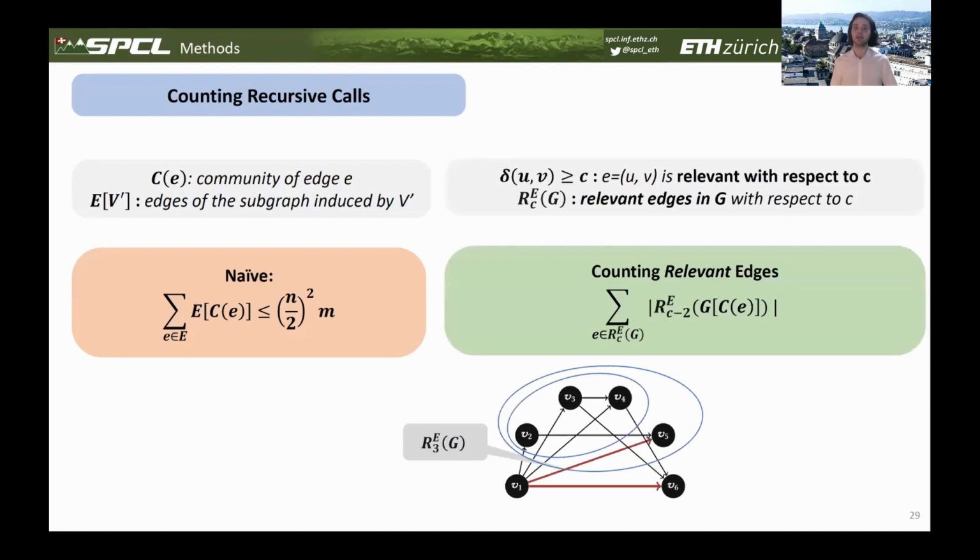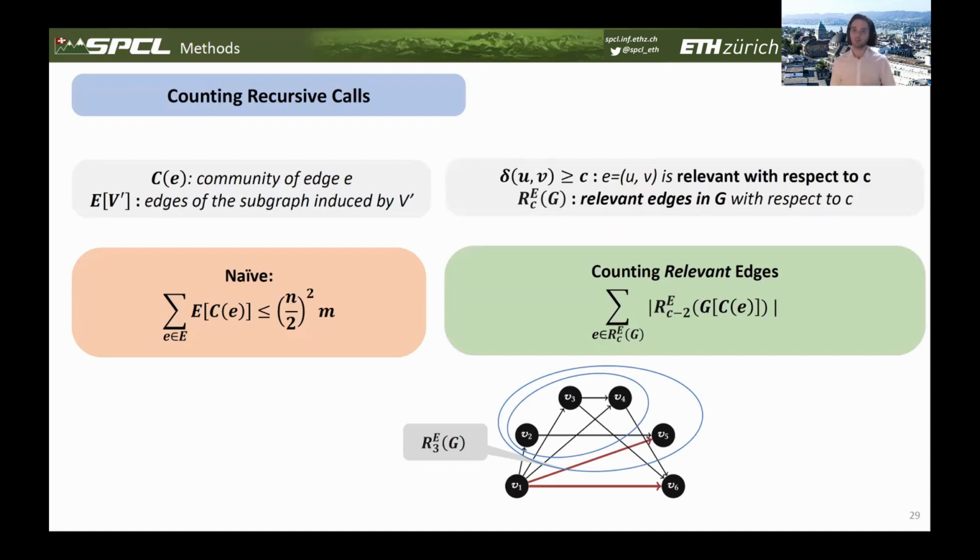Now, if we only consider relevant edges, then we get an improved bound. So now in the sum, we are only considering edges which are relevant with respect to the current C, which is 2 smaller than the clique size that we are currently looking at. And then for the subgraphs that we are recursing on, we only need relevant edges with respect to C minus 2, because now we already have an edge, so we need a smaller clique.